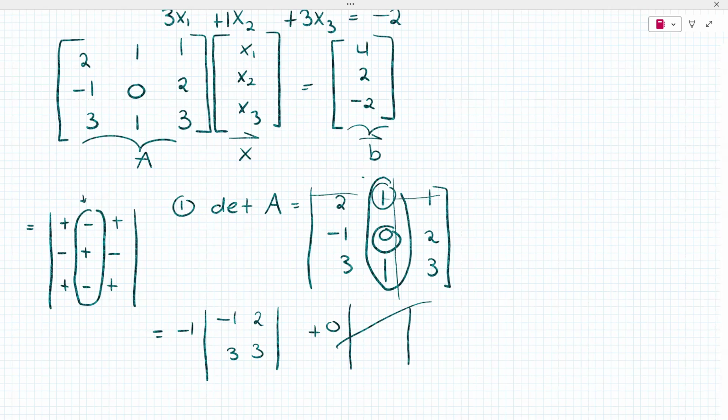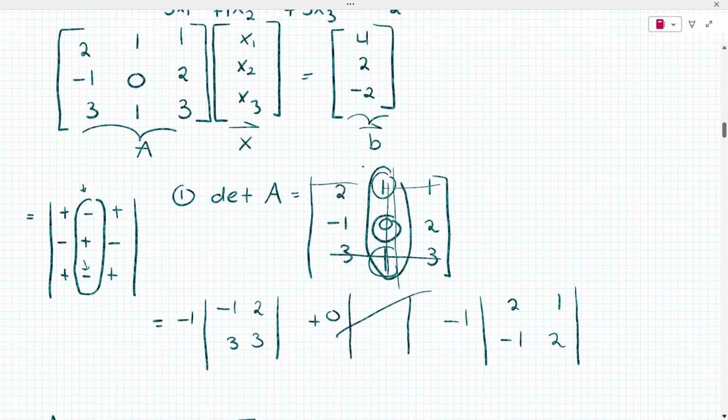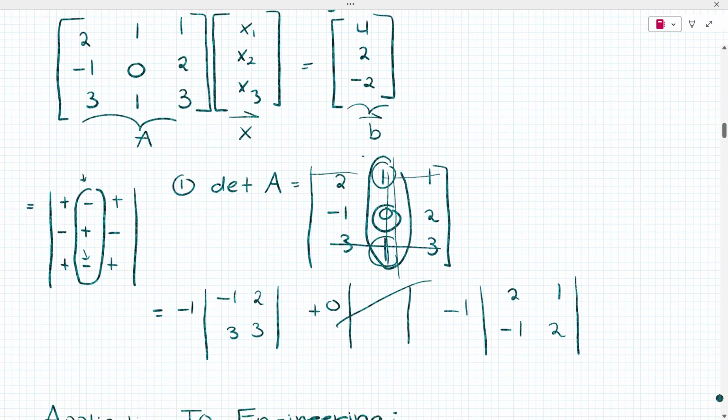And then we're going to use this one. According to the cofactors, it should have a negative. So ignore this row and this column. So you're left with 2, 1, -1, 2. You kind of clean this up.